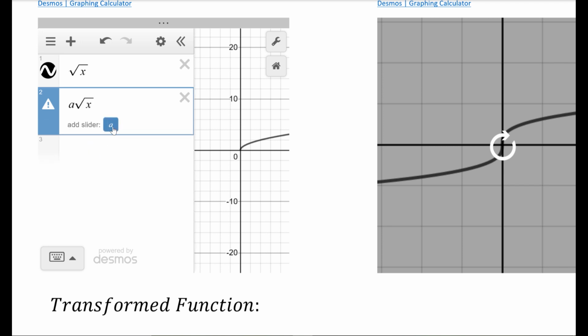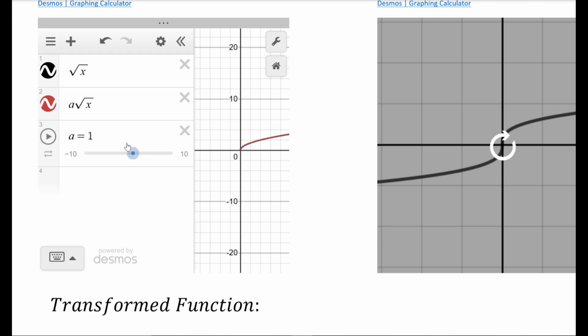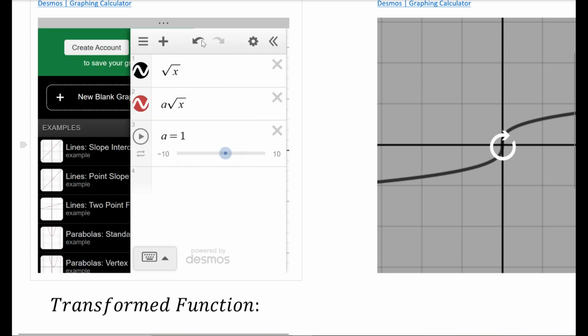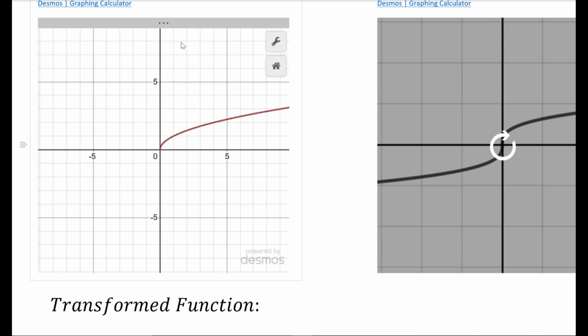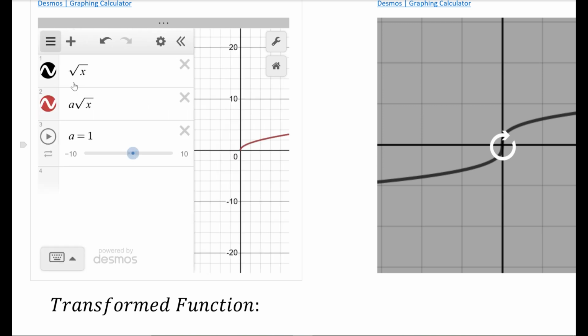All right, so we got an a term. We're going to add a slider here. Now when a is 1, the graph looks normal. If we let a become positive 2, notice what happens to the graph.